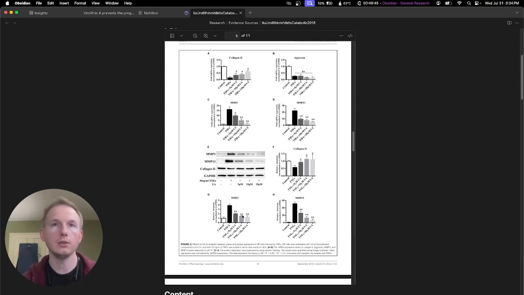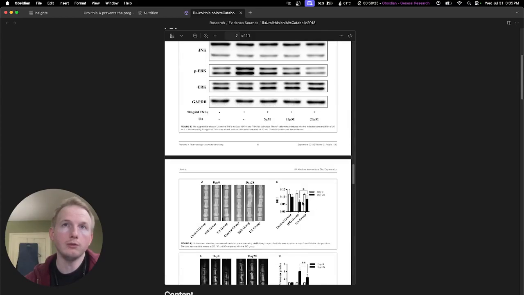For example, if these nucleus pulposus cells are treated with 20 millimolar urolithin A, for me to really be able to use that information, I would need to know what's realistic in terms of what concentrations of urolithin A I could expect to see within an intervertebral disc after supplementing with urolithin A. I mean, is it realistic to get up to 20 millimolar? I have no idea. So wherever possible, I go with the in vivo stuff.